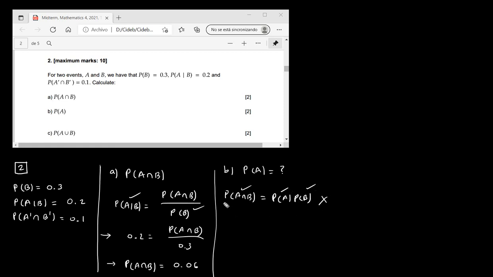Wrong. You can only use this formula for independent events, and at this moment, nothing in the context of the problem and no deduction by you has prompted you to say this or to establish that this is true. Therefore, you cannot use this law or this formula.